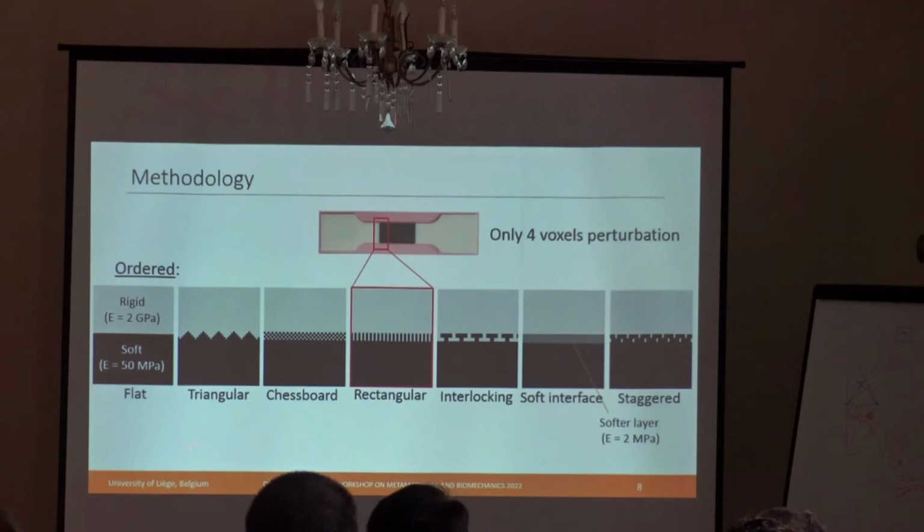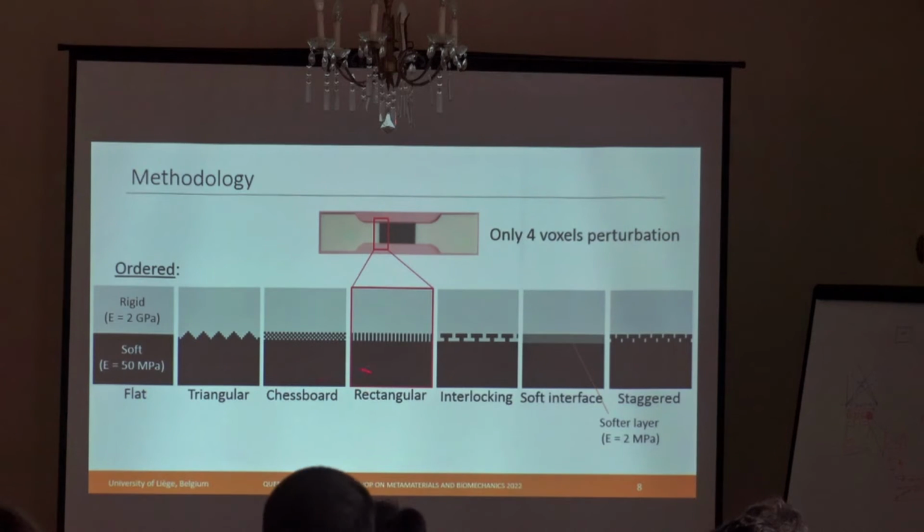We then have what we call a triangular pattern, a chessboard pattern, a rectangular pattern, an interlocking one, a soft interface, which is actually made of a material which is softer than the 2 materials constituting the halves of the sample, which is a little bit like what Davide showed you, that inside this bone-tendon interface, there is this drop in mechanical performance. Let's say the material is more compliant than the 2 basic ones. And then an interface that we call a staggered one.